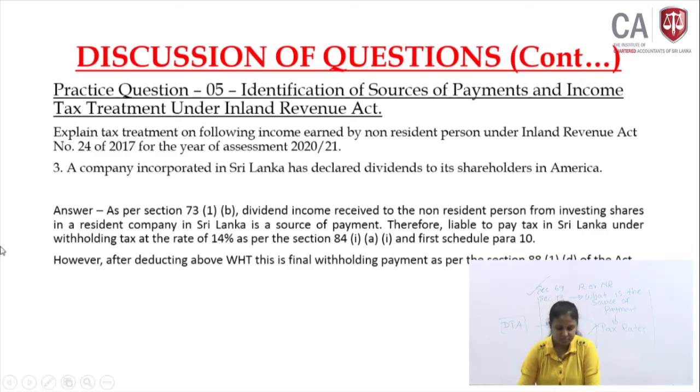Come to the answer. As per section 73 subsection 1b, dividend income received by the non-resident person from investing in shares in a resident company. Please, when writing the answer, analyze the given question. Your answer is incorporated into the question.